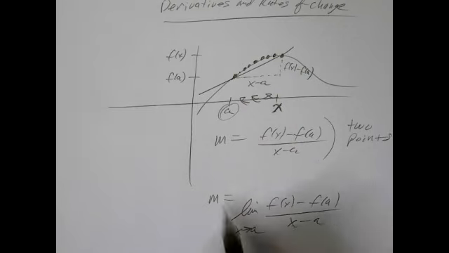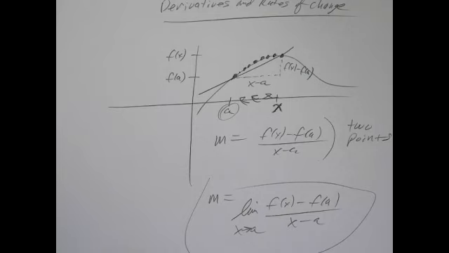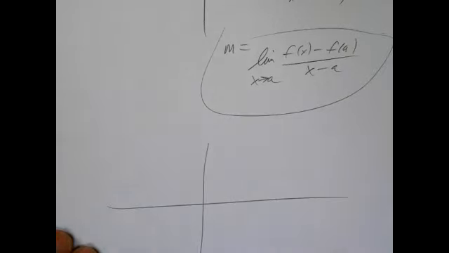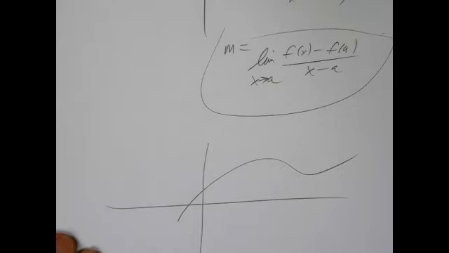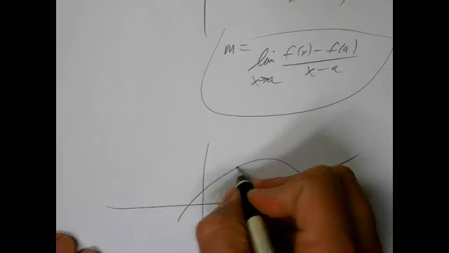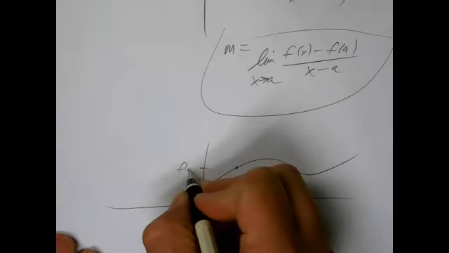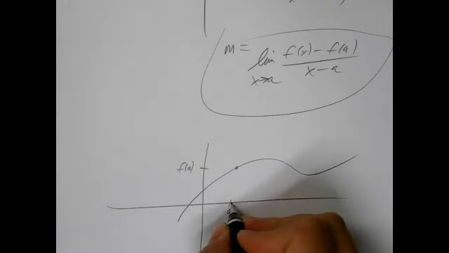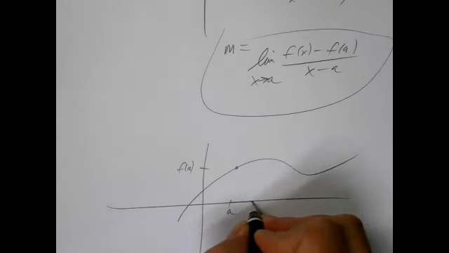Now, this is one version of what you can use for a slope formula. What is more commonly used is another nomenclature, or different symbolism. Again, if this is your point a, and up here you have f of a, then instead of looking at arbitrary x values out here, we will look at not an x value, but a distance.